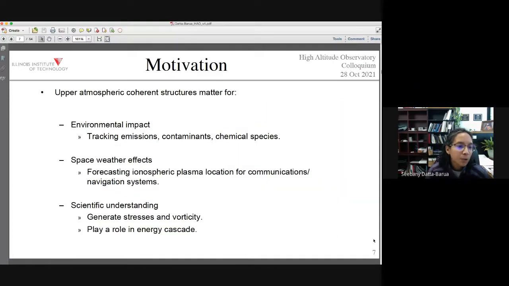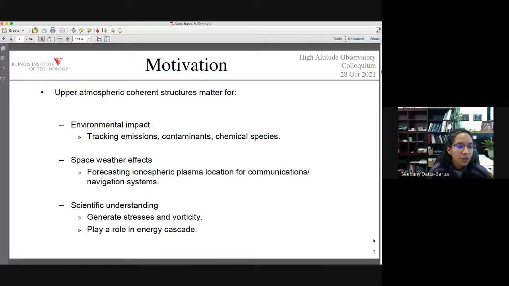So in the upper atmosphere, coherent structures matter for a number of reasons. We might be interested in the environmental impact, as oceanographers or ecologists might be, for tracking emissions, contaminants, and chemical species.